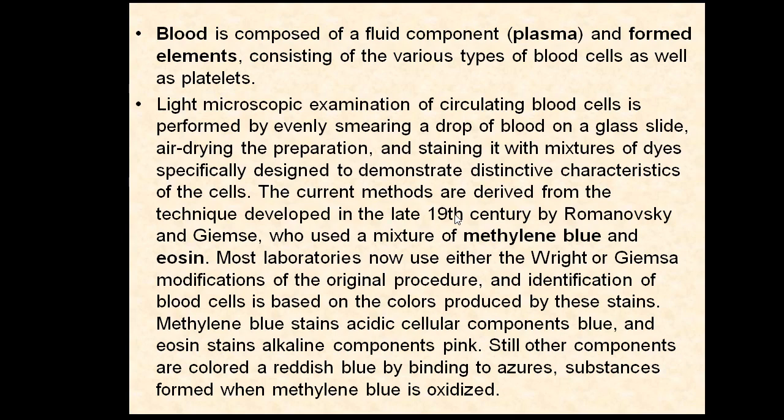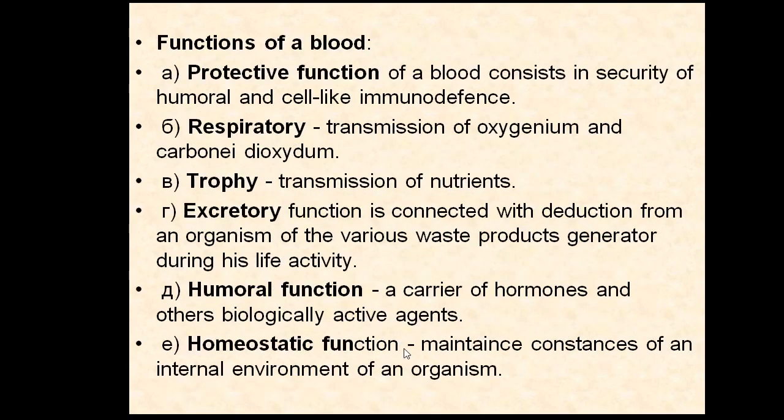In this staining, instead of hematoxylin, we use methylene blue, and the second dye is eosin. Methylene blue stains acidic cellular components blue, like hematoxylin. Eosin usually stains alkaline components pink. All the morphology of the blood elements we describe after this staining.